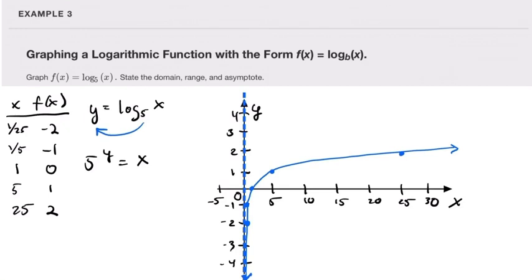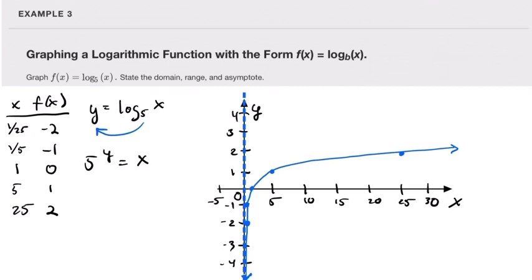All right? So again, I felt like for something like this, it's easiest to graph if you rewrite the log as an exponential, right? So we took the base of the log, which was 5. We swung it to the other side of the equal sign. It became the base of our exponent. And so y equals log base 5 of x is the same as 5 to the power of y equals x.